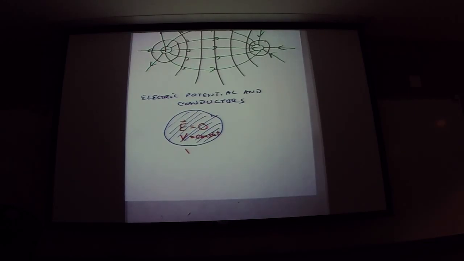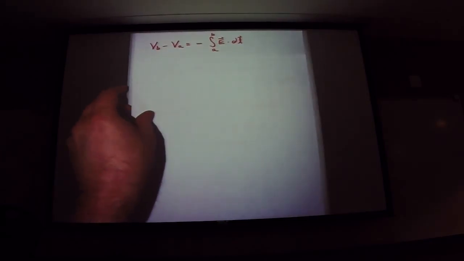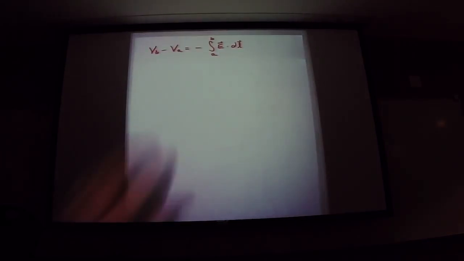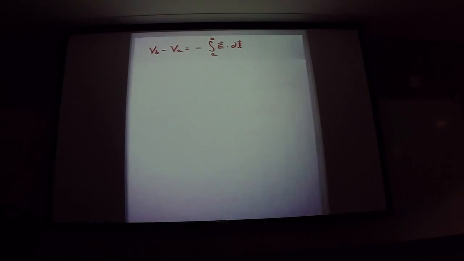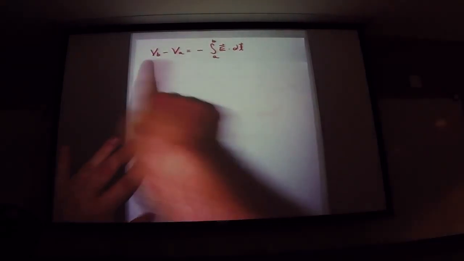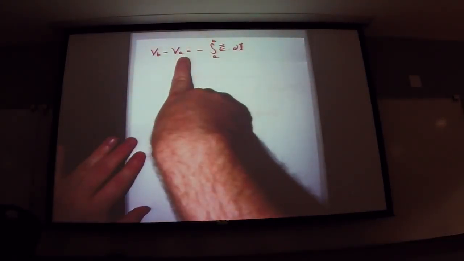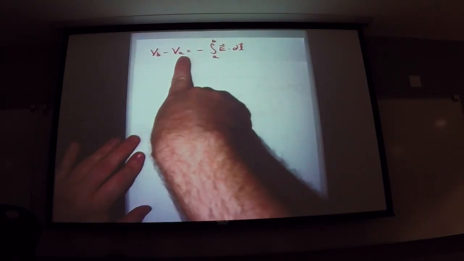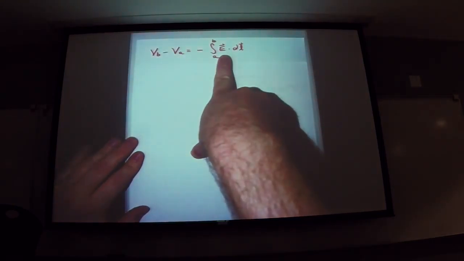Now we can turn this thing around and get the other way. Let's go back to my voltage equation here. Let's say that I'm given the voltage. I'm told what the voltage is, and I want to find the electric field.